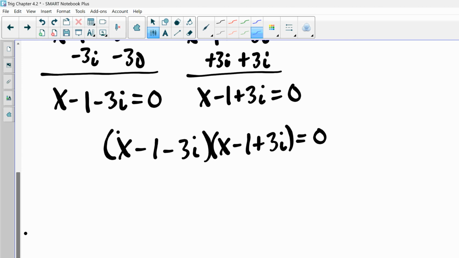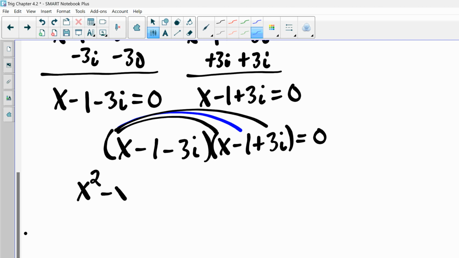Now here, we're going to distribute out. X times x is x squared. X times negative 1 is negative x. X times positive 3i is 3xi. We can do the same thing with negative 1. Negative 1 times x is negative x. Negative 1 times negative 1 is plus 1.